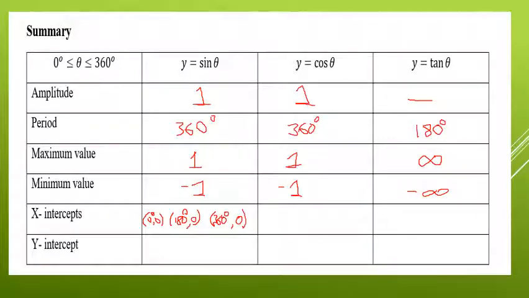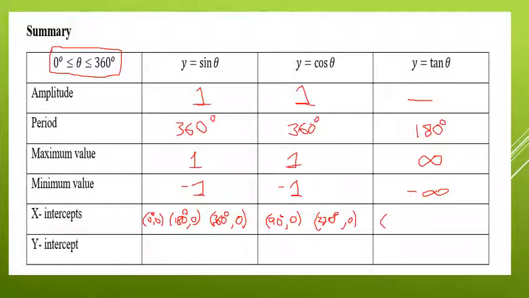For the cosine, there were only two x-intercepts between 0 and 360, so we're only considering up to 360 degrees here. So we've got the first one at 90 degrees, 0, and at 270 degrees, 0. Once again, on the next slide, you'll see nice values of these.